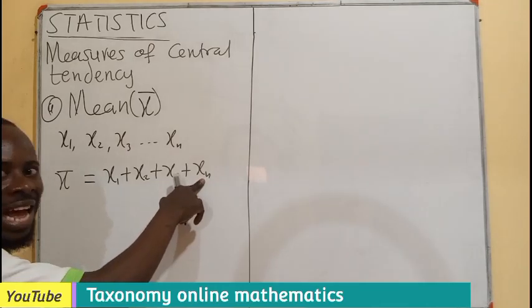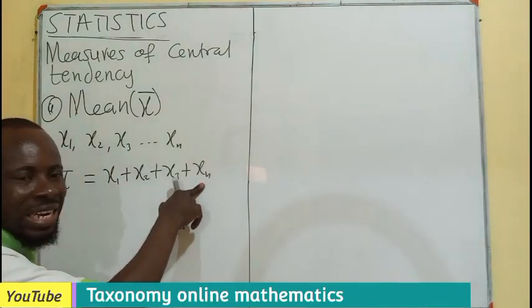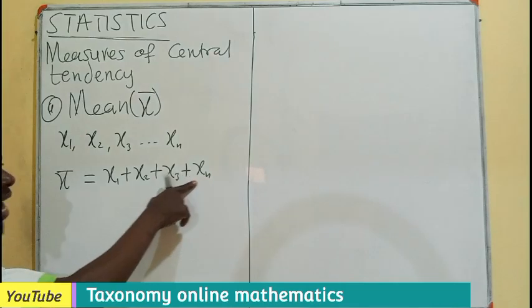The n is telling us the number of terms we are adding. So if this is 4, it means we are adding 4.